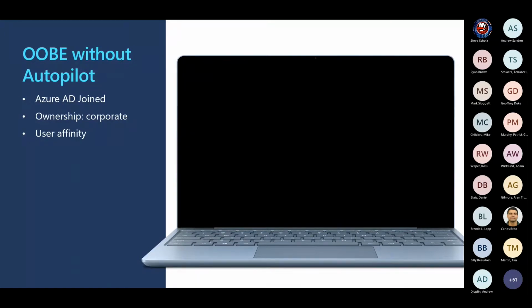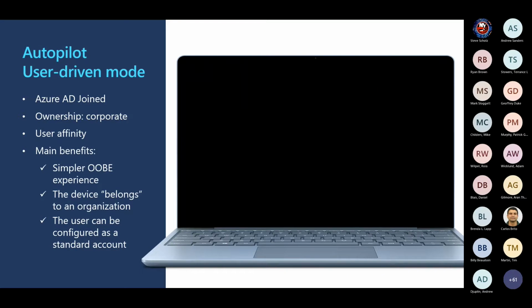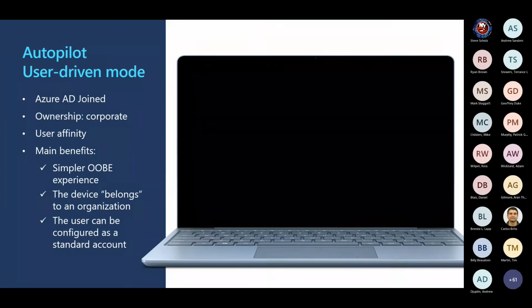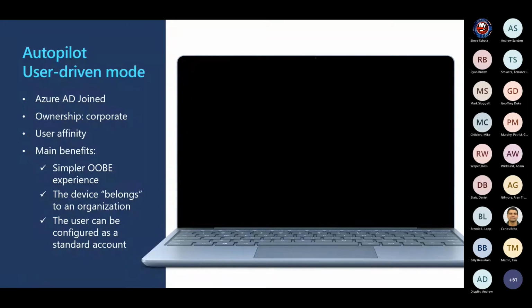Okay, we'll move on to Autopilot user-driven. The primary benefit here is you can simplify the out-of-box experience for the end user by skipping some of the OOBE screens that the user would otherwise have to select an option for, just like we did previously without Autopilot.